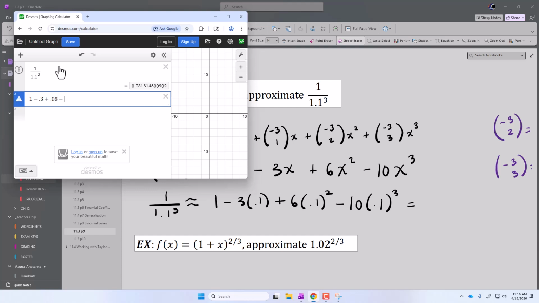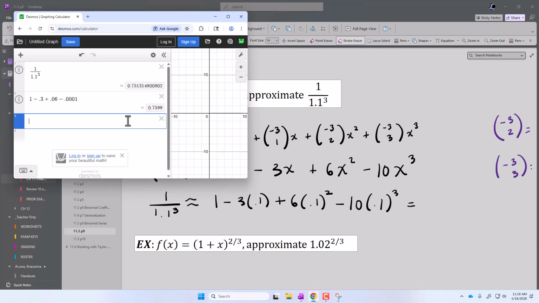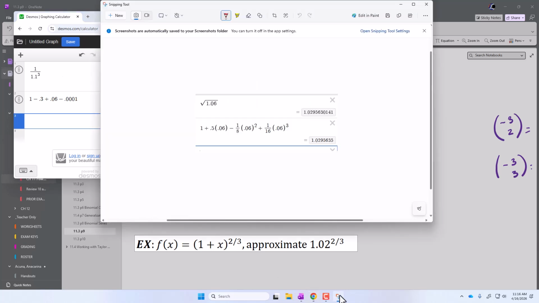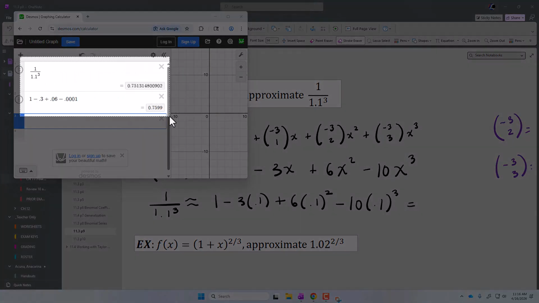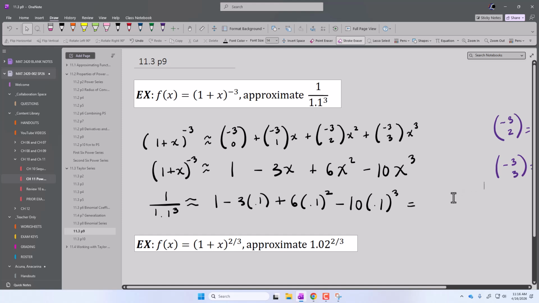minus 0.00. I lost track of the zeros. I think there's going to be 3. Do you guys agree with that number of zeros? Is that what you came up with?